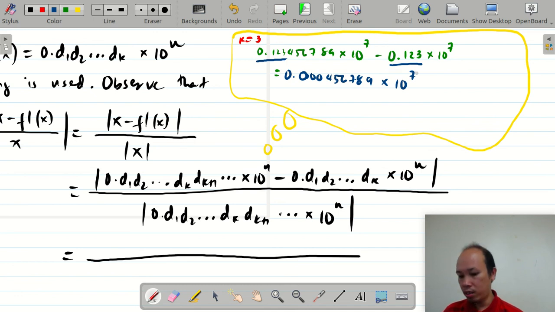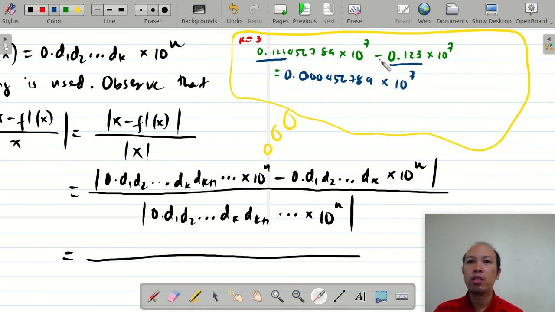I already discussed with you why you have to copy this expression 10 to the 7 here: this is because we are doing subtraction or addition.